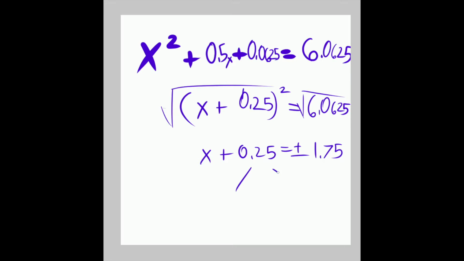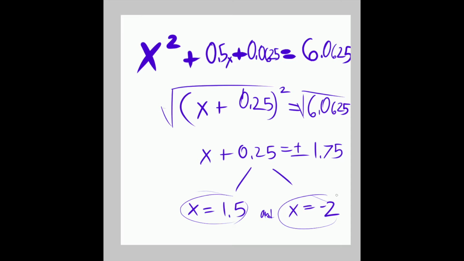Now, to solve the rest of the equation, we divide it into two separate ones: one in which we subtract 0.25 from 1.75, and one in which we subtract it from negative 1.75. When you do this, you will get x equals 1.5 and x equals negative 2, which are the solutions to this equation.